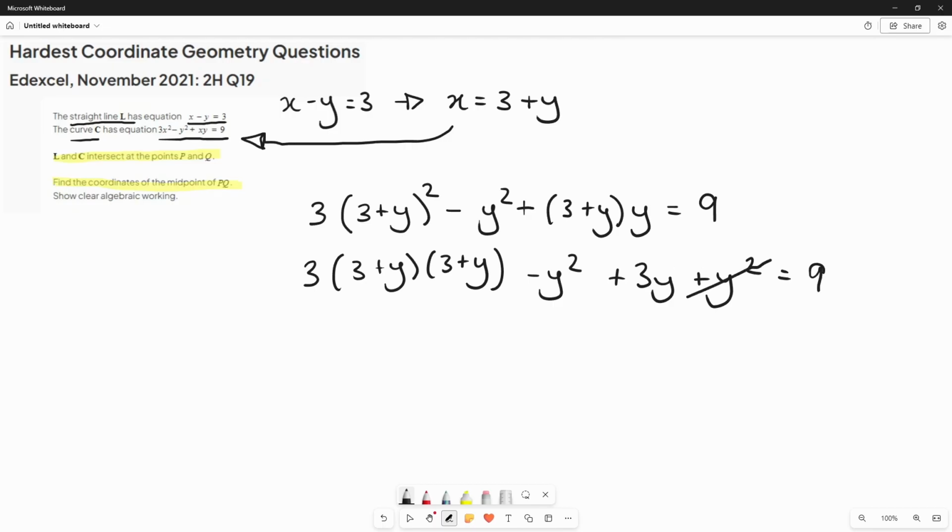Already we can cancel these y squareds out because there's a plus and a minus. And now we're going to have to expand the squared brackets.